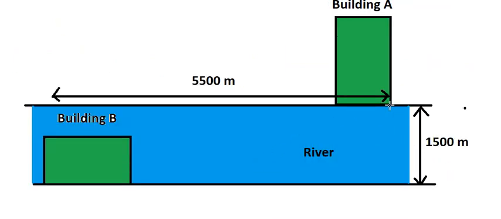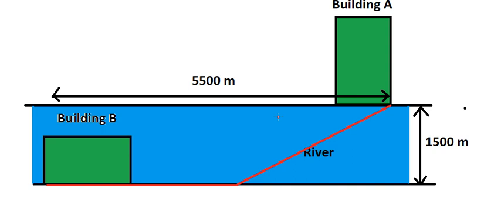So let's say we have this building A. We put one cable under the water here, and then this cable connects to building B. Then from here we connect to building B. They want to minimize the cost.